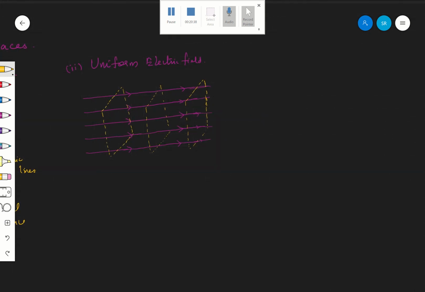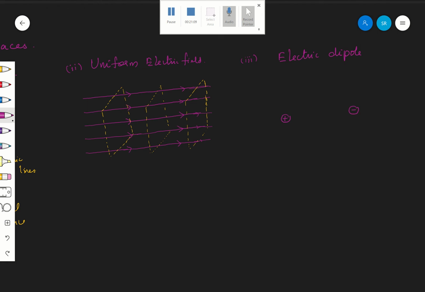The third one is the electric dipole. For an electric dipole, first you draw the field lines. Here it is positive and here it is negative, right?